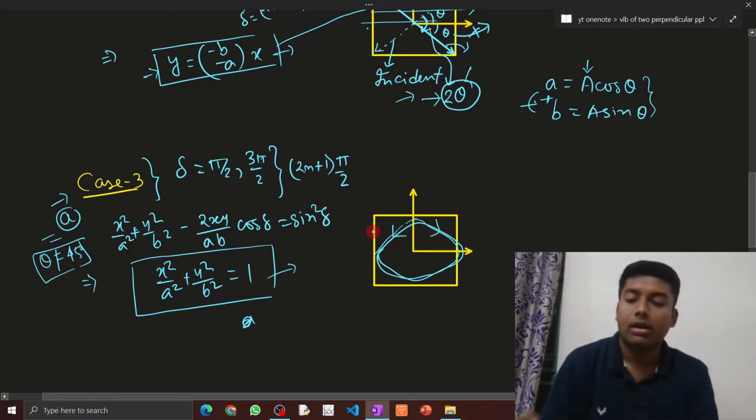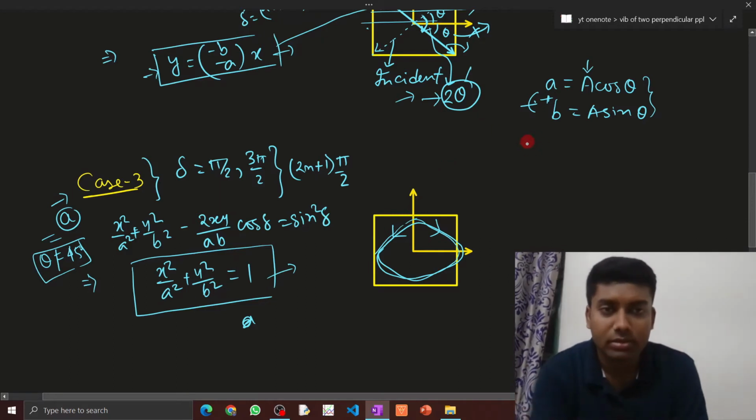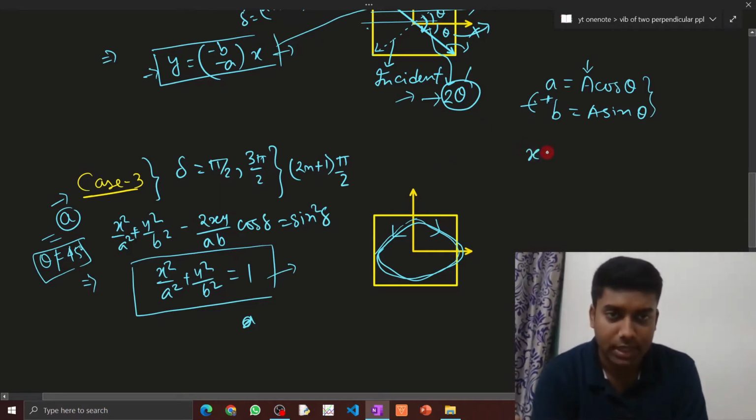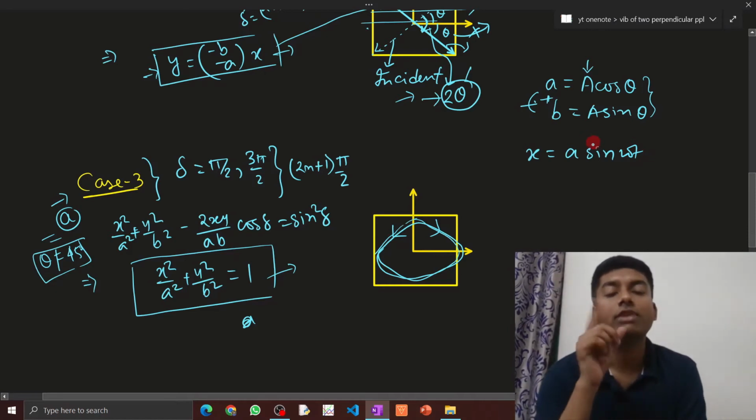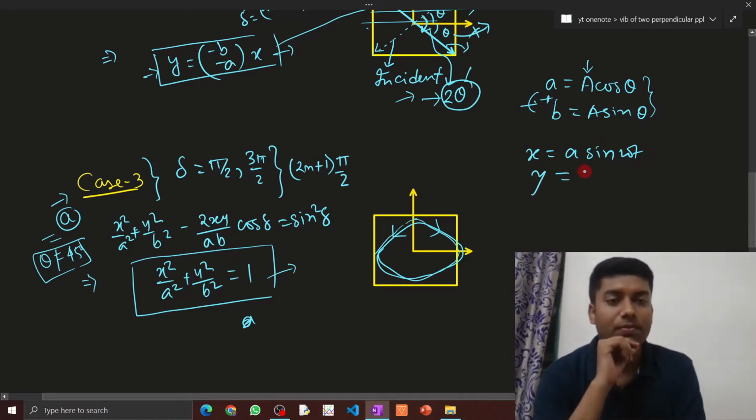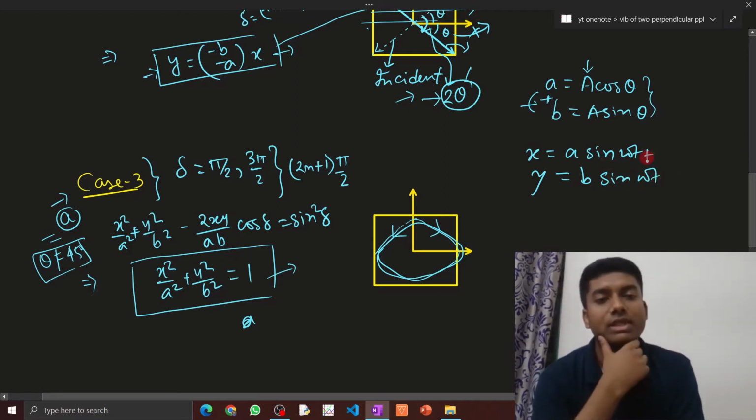I will discuss that later. Simply, you can understand that the main equation was x equals a sin omega t, which I discussed in the first lecture, and y equals b sin of omega t plus delta.